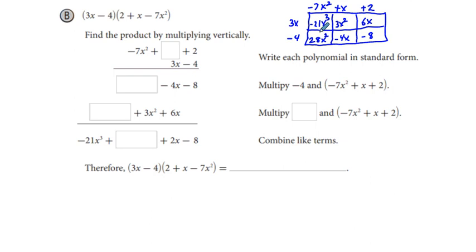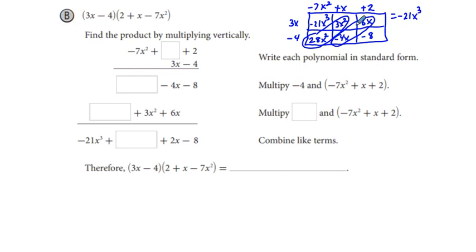And so you combine the like terms: the 28x squared and 3x squared go together, and this negative 4x and 6x go together. And you add them up. So this product is negative 21x cubed.